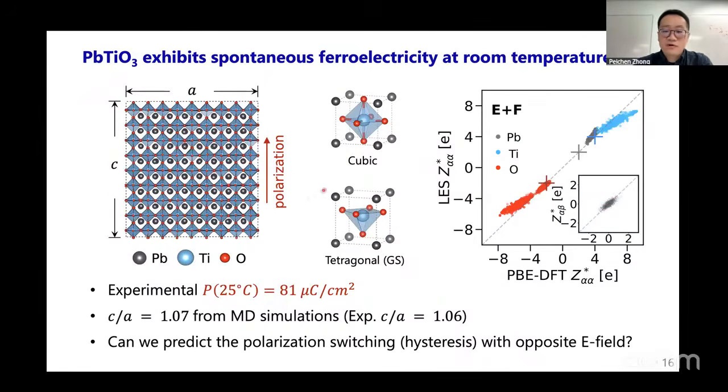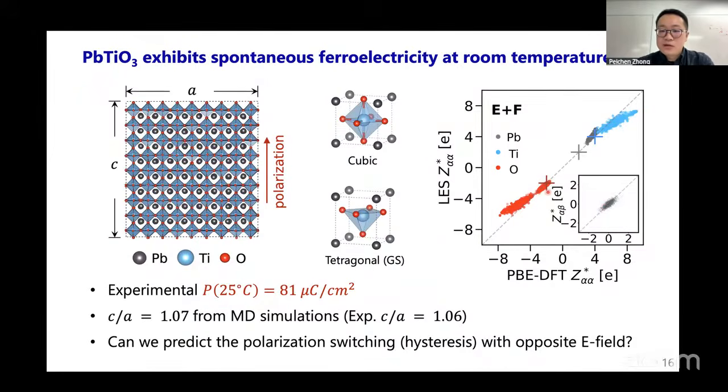And after the polarization, the charges of lead, titanium, and oxygen will show abnormally large magnitude compared to their nominal charge. For example, the nominal charge is -2, but the Born effective charge in this system is much larger than -2.